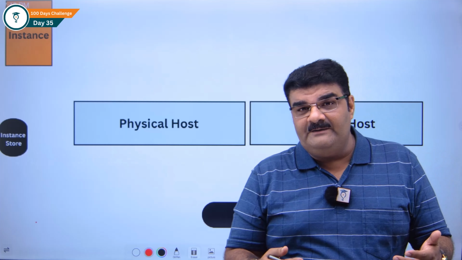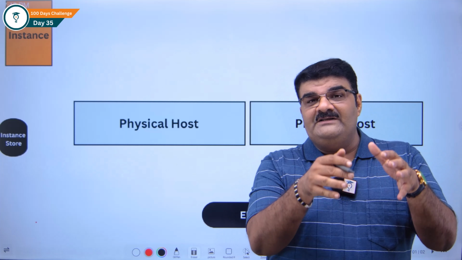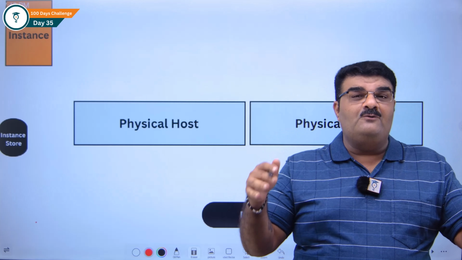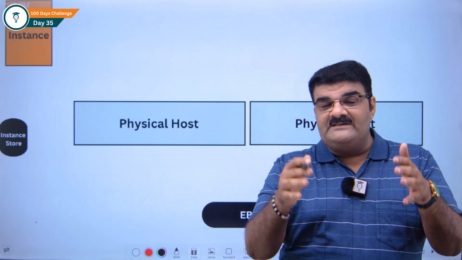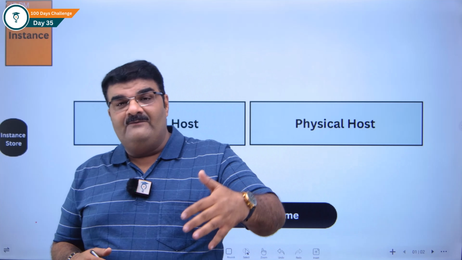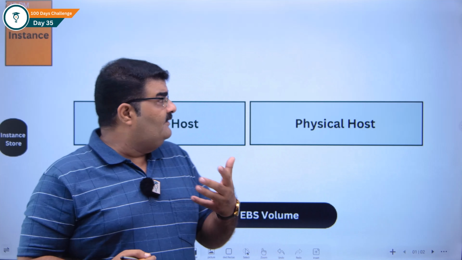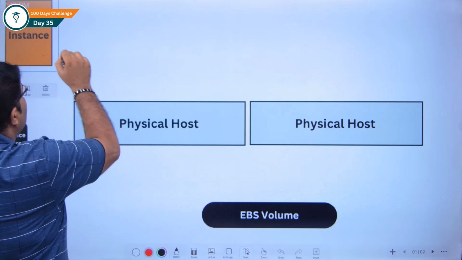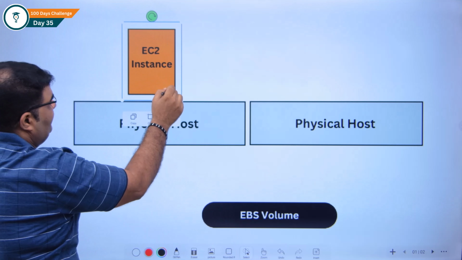There are multiple virtual machines running inside the same physical host. And in AWS, they have 50,000 to 60,000 hosts inside a single availability zone. So right now I have just two, for example, but there are multiple physical hosts and our virtual machines are actually running inside these physical hosts, right?